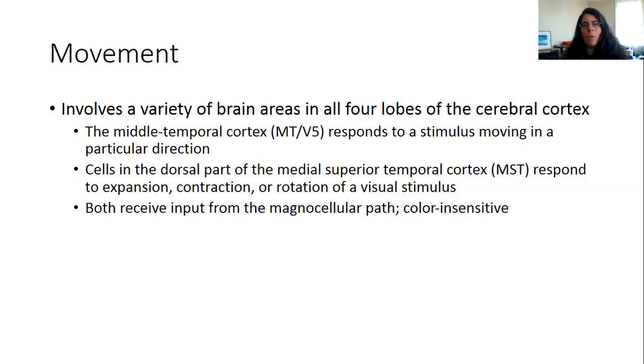So the MST and the MT are both modules, but in order for us to have our perception of movement, that's a phenomenon that shows distributed representation, it has to be through activation of multiple areas of the brain, or multiple modules that are activated. Stimuli out in the world are too complex for it to be one cell or one area, right? It's a combination of activity in areas distributed across the brain.